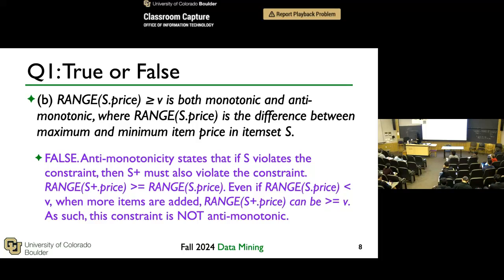With range, it is the min and max. Even this way, I can still increase on this side. Range may not be the one, sorry. Let's change it to another one.